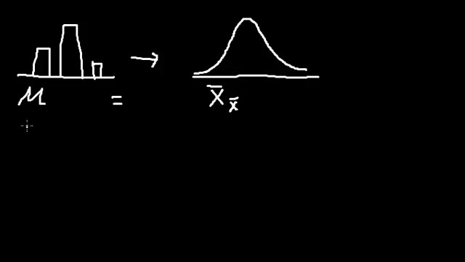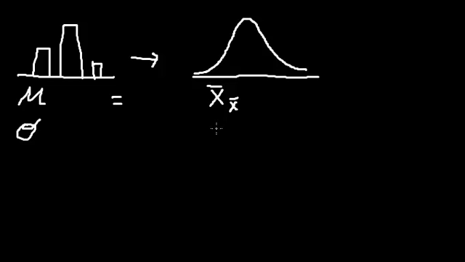And we also learned that the standard deviation of the population can be approximated by using the standard deviation of the sampling means.